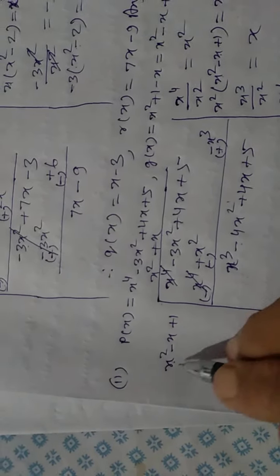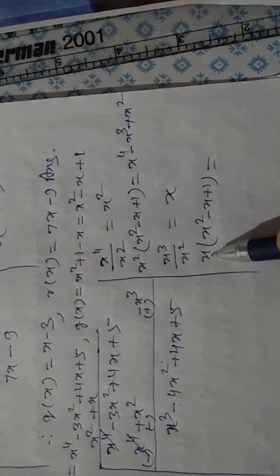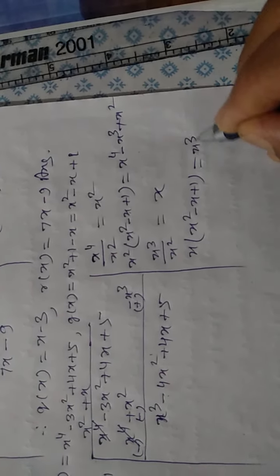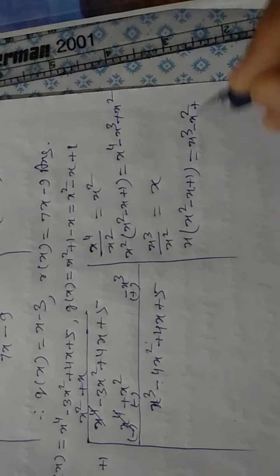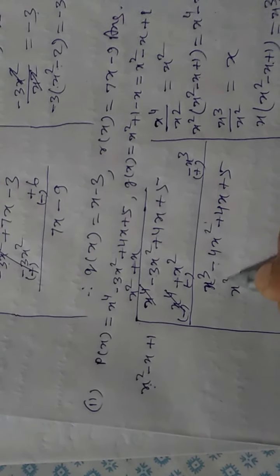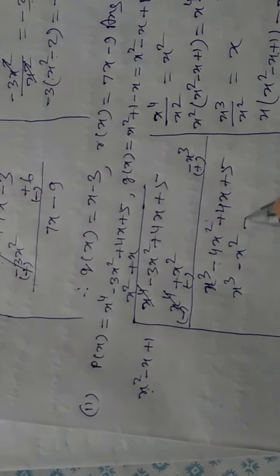By x, multiply this divisor x square minus x plus 1. Multiply this. x into x square, x cube, minus x into x square, minus x square, plus x into 1, x. Here x cube minus x square plus x.